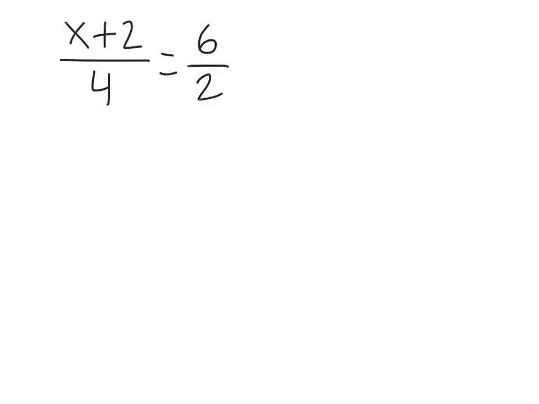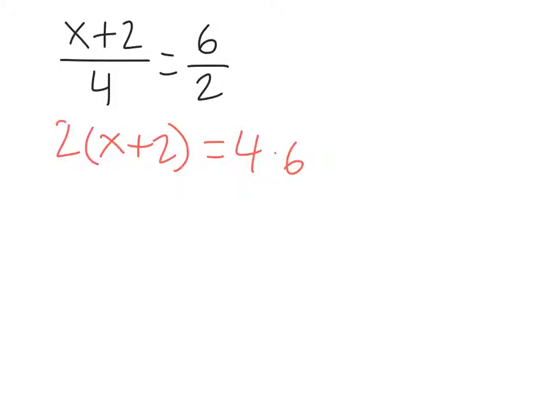So we would write this 2 times, in parentheses, x plus 2. So we're multiplying the 2 by all of x plus 2. And then on the right side, we have 4 times 6. So that's where we get the cross multiplying from.